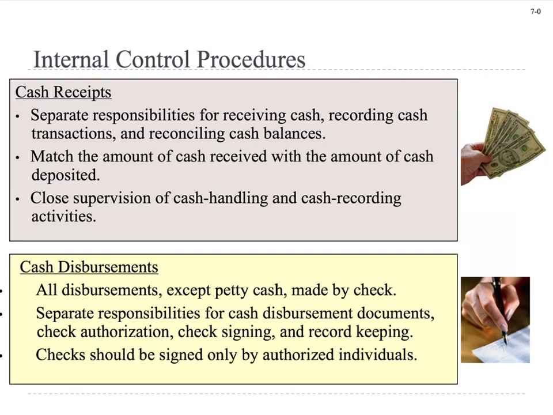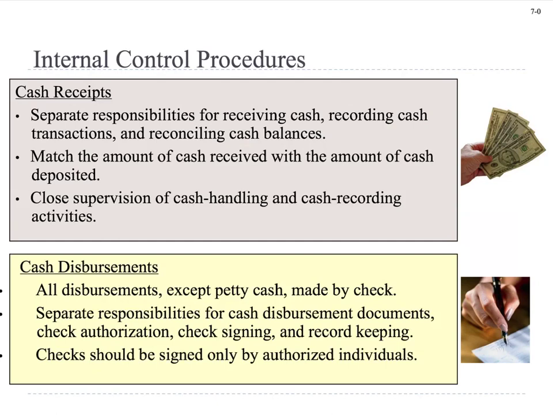You have to separate the responsibilities for receiving cash, recording cash transactions, and reconciling cash. So you don't want the same person taking in these deposits, being able to go over to the bank and deposit them, record the general ledger transactions, record everything that would go into the reconciliation balance, and also prepare financial statements. They have too much cash control, and there's a lot of opportunity to steal the cash.